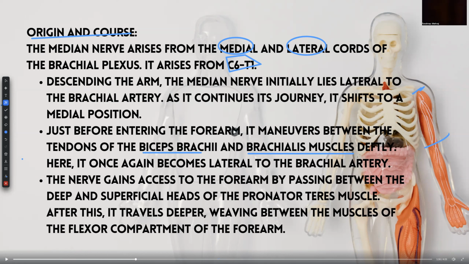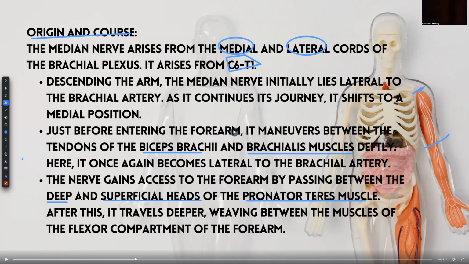The nerve gains access to the forearm by passing between the deep and superficial heads of the pronator teres muscle. We know the pronator teres muscle has two heads, a deep head and a superficial head.